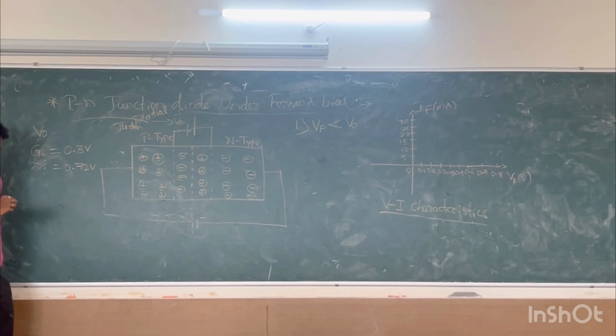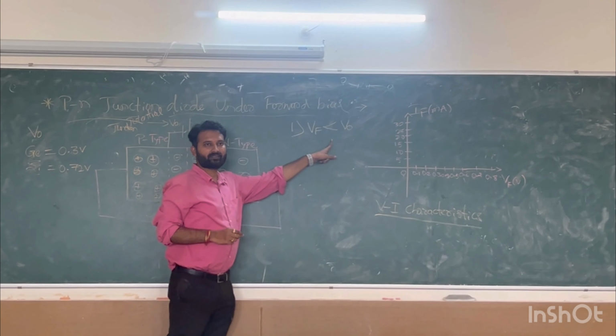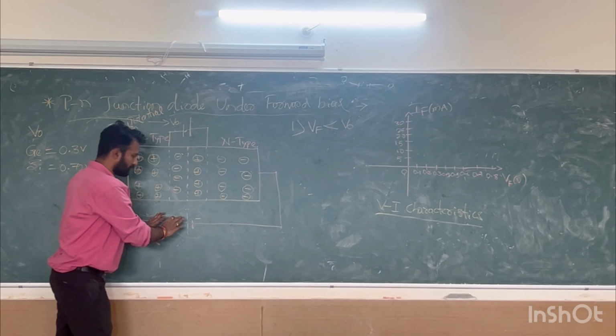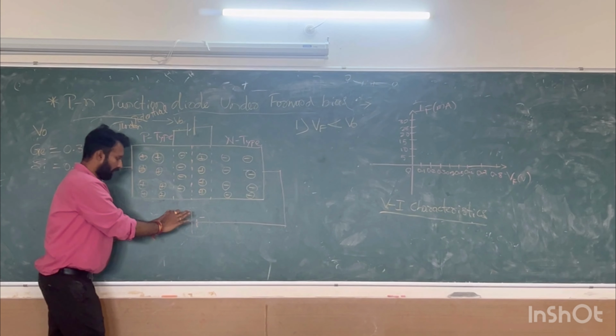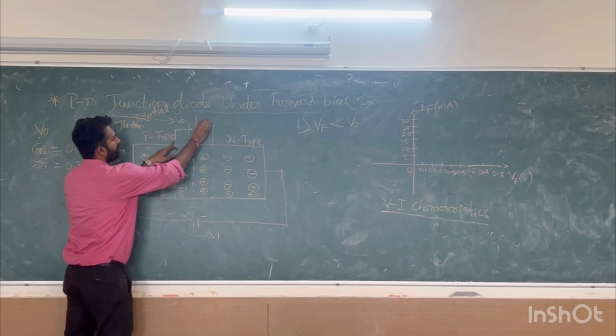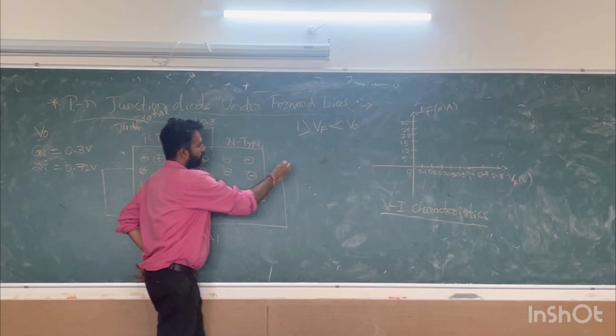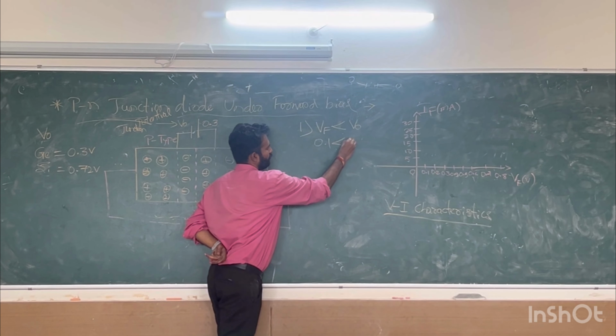Clear? So what is my first case? If Vf is less than V naught. For example, I have not connected any voltage, or my voltage is 0.1, and my internal potential barrier voltage is 0.3. So 0.1 is less than 0.3.